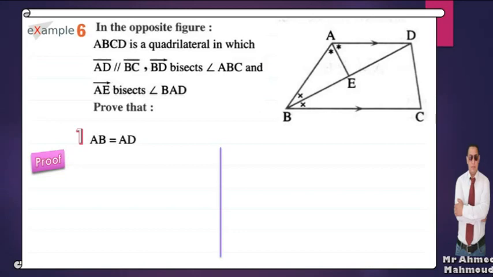It's very easy. Here we have parallel lines, this line and this line. And I will highlight the transversal BD like this.